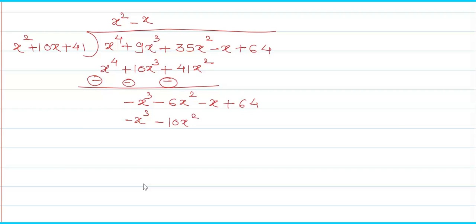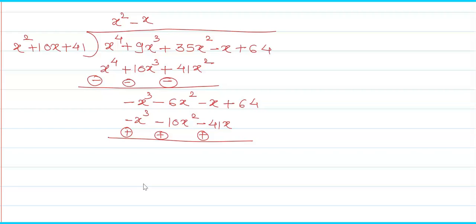Again minus x into 41, then here you will get minus 41x. Okay, now change the sign. Plus x cube, minus x cube get cancelled.